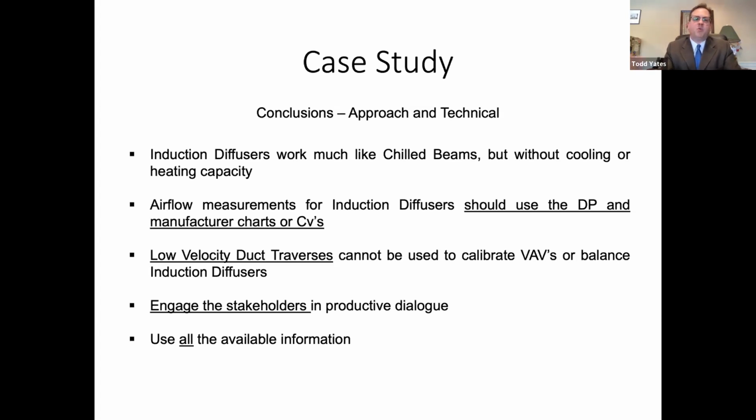So all of those were well above the minimum DP in either the Shortridge or Evergreen literature. That's one of the reasons they're more accurate than that traverse we were initially trying: the differential pressure across the induction diffuser to the open space itself is much higher, and it gets you into a range where the meter can read accurately and consistently.